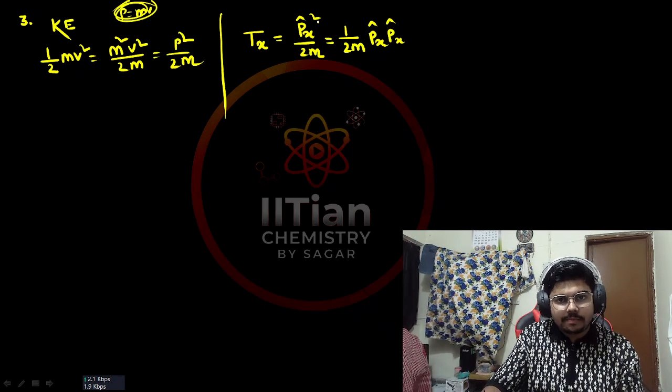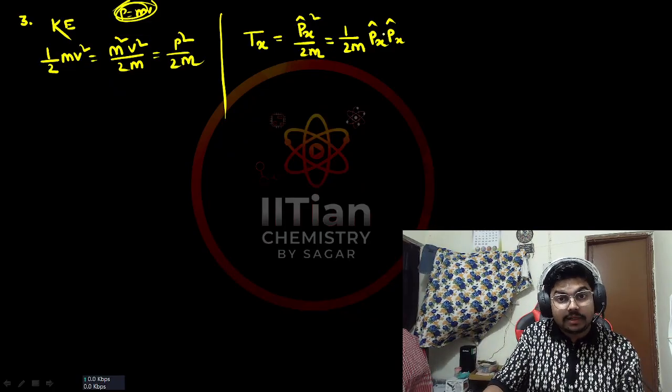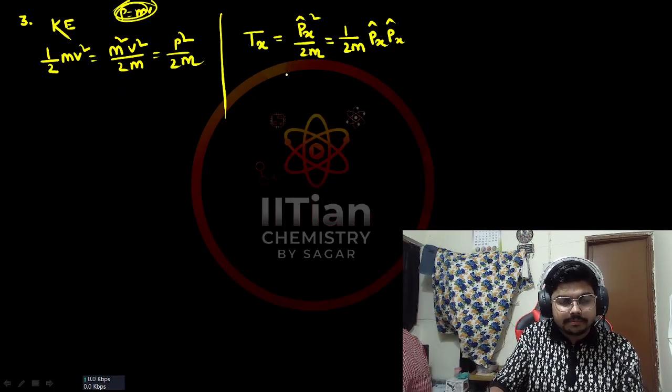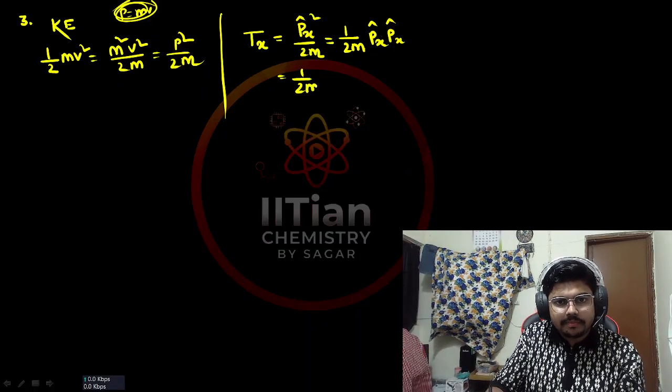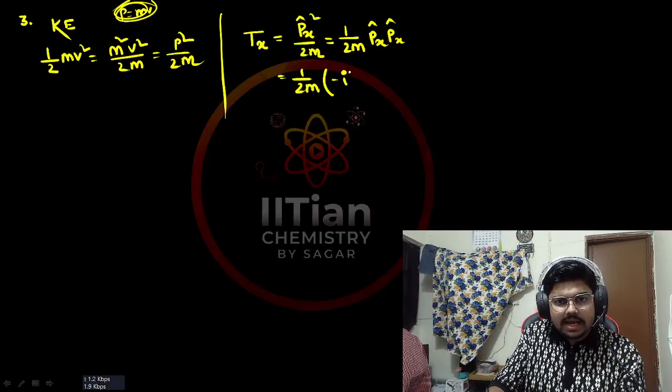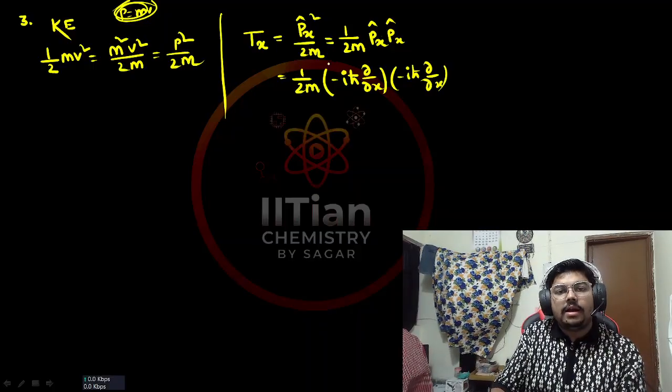This is the property of an operator: it is operated 2 times. Now px means basically 1 by 2m, minus i h cross del x into minus i h cross del x.